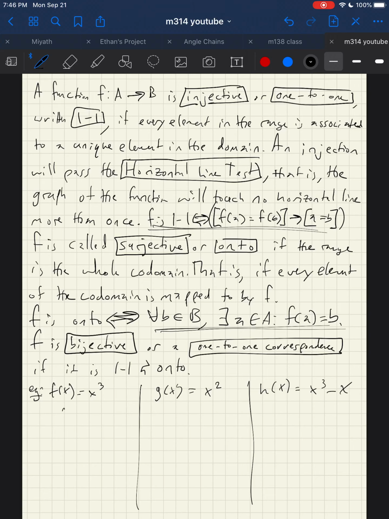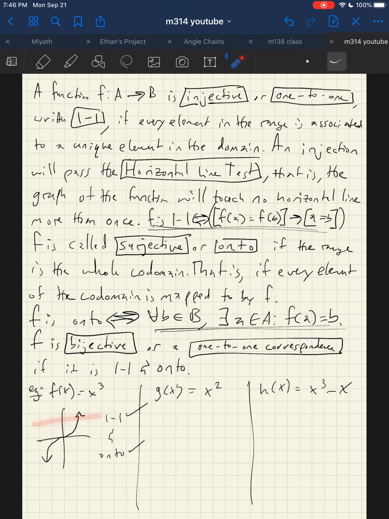All right, so x cubed is going to look kind of like this. And this is going to be 1-to-1 and onto. Now how do I know that? Well, any horizontal line that I draw across this function is never going to touch the graph more than once. Now here, it's tangent, if you know what that means, but it's only going to be at one point.